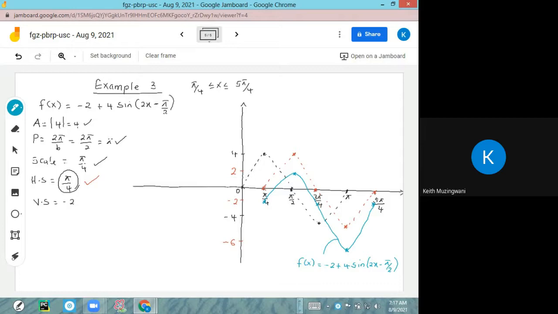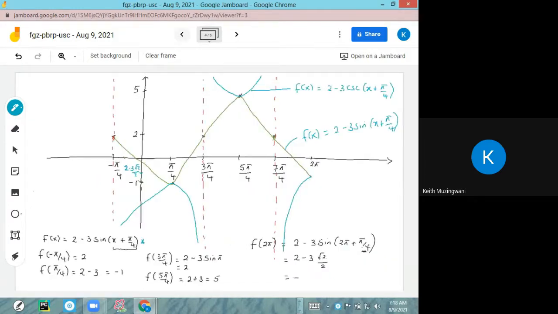But with the other method, you just need to know the period, the scale, and the horizontal shift. Then it will do the shifting for you, because you'll be getting the actual y coordinates.